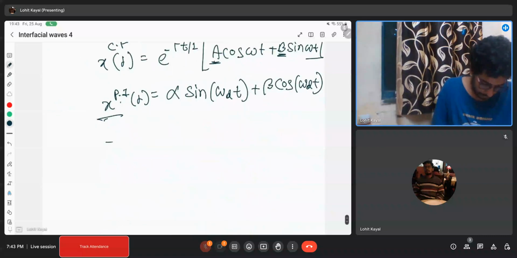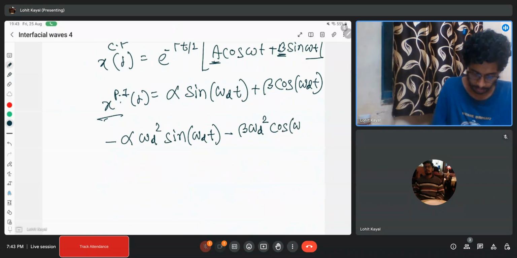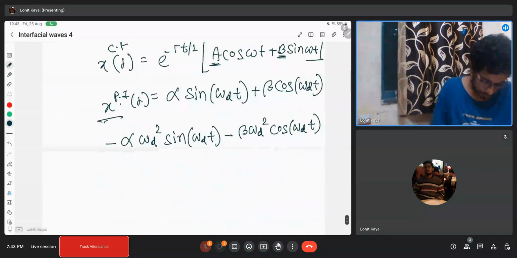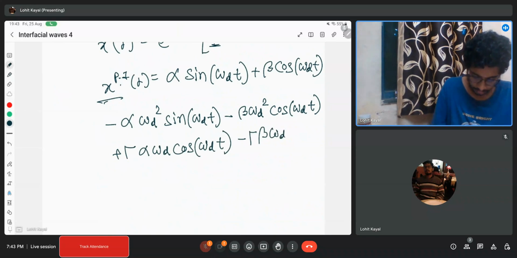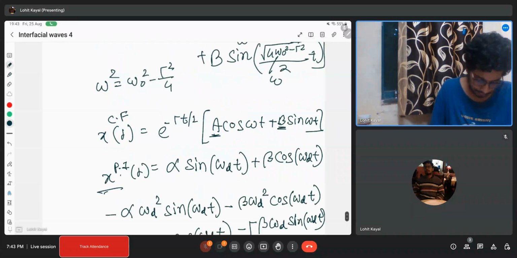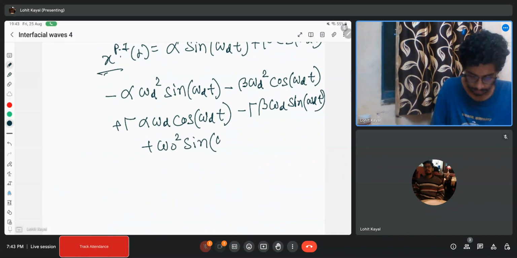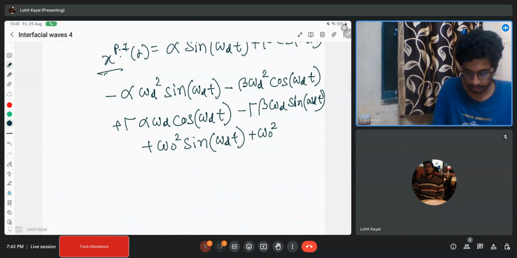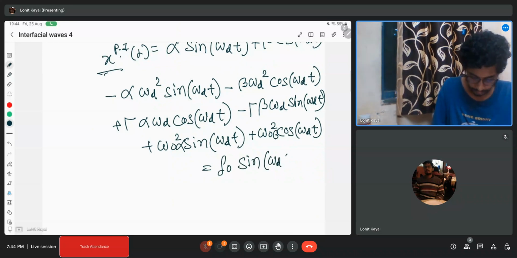We will get minus alpha omega d square sine omega d t minus beta omega d square cos omega d t plus gamma alpha omega d cos omega d t minus gamma beta omega d sine omega d t plus omega 0 square alpha sine omega d t plus omega 0 square beta cos omega d t equal to f naught sine omega d t.